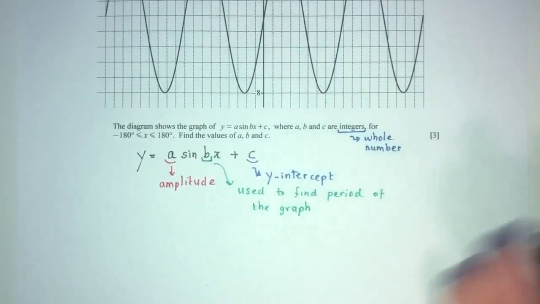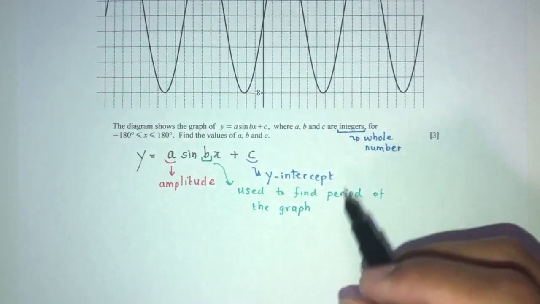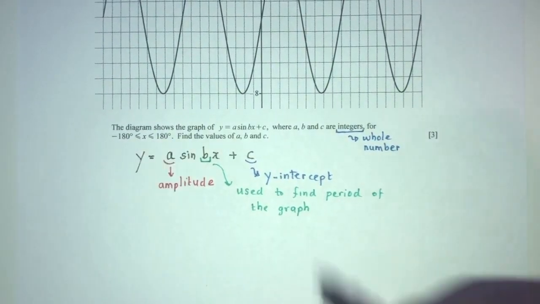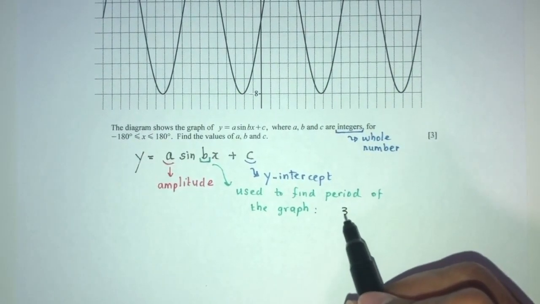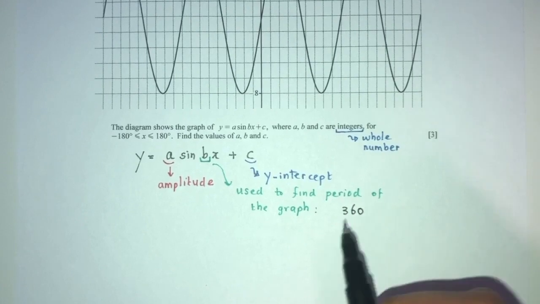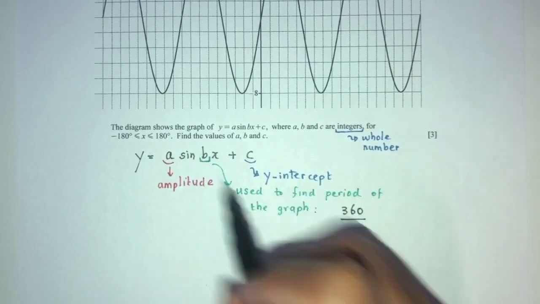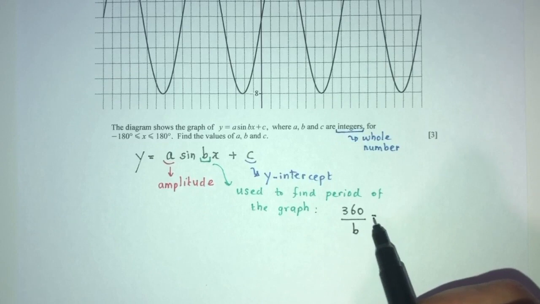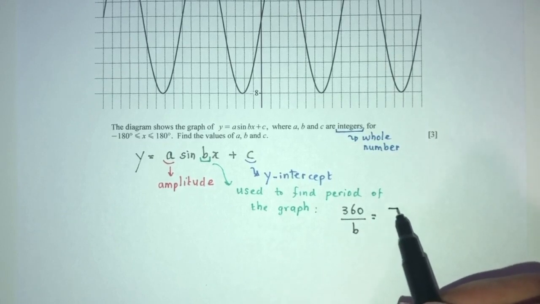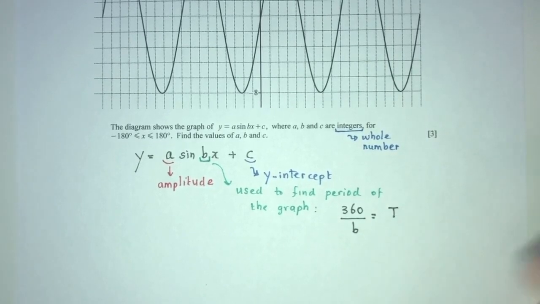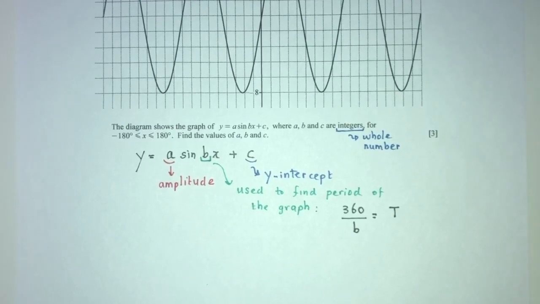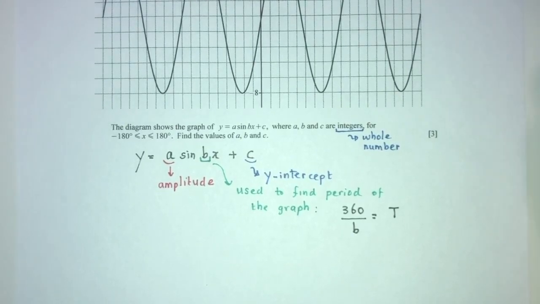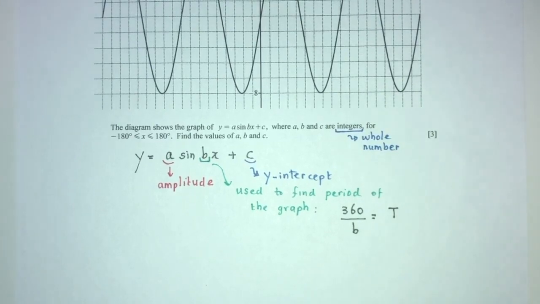To find the period, since we are working in degrees, we take 360 degrees divided by the value of b, which gives you the period T. You can call this p if you want to, but usually we denote period by the letter T for these kind of examples. Once we know what they represent, we can break this down one by one.